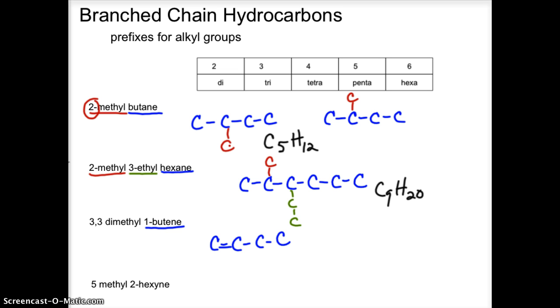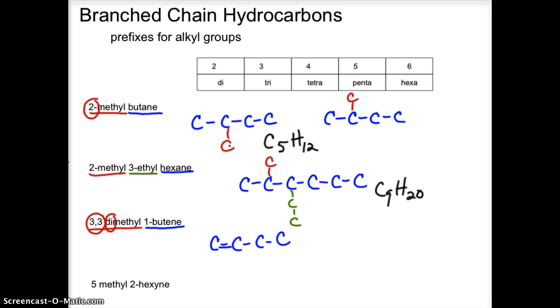Now something interesting happens here because we have a 3,3-dimethyl-1-butene. The di here is telling me that within this whole organic molecule I have 2 methyl groups branching off. The 3,3 dimethyl, di meaning that there are two methyls branching off of the whole molecule. The 3,3 here represents the position at which those are branching off.